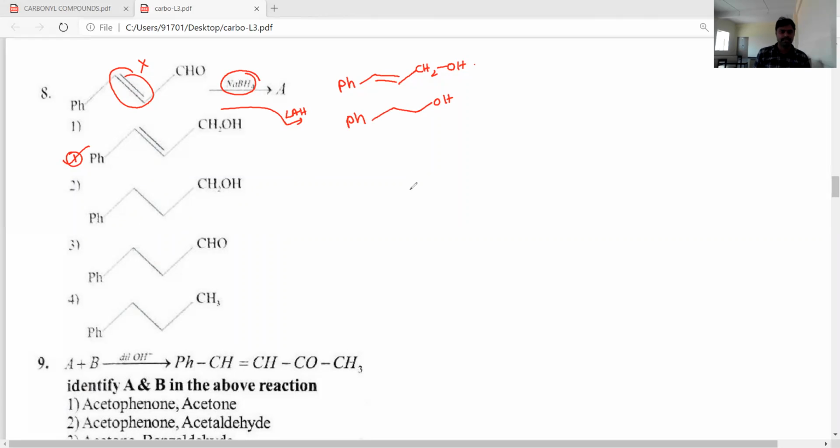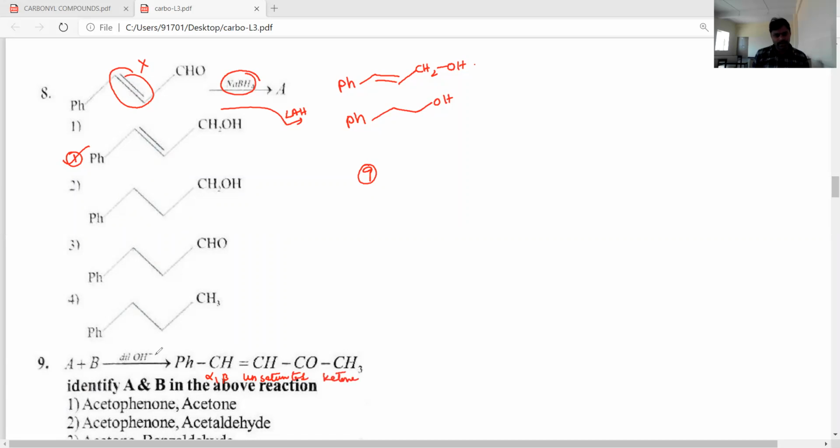Okay. Next, the ninth question. Let's see, dear students. A plus B is converted, in the presence of a diluted base, into an alpha beta unsaturated ketone. The alpha beta unsaturated ketone is the product.